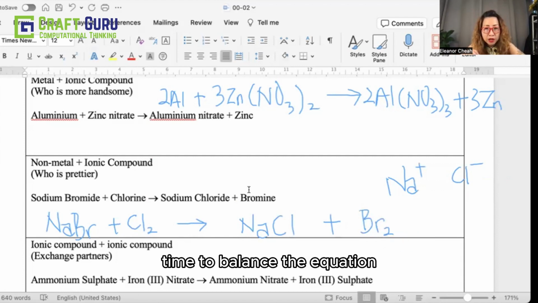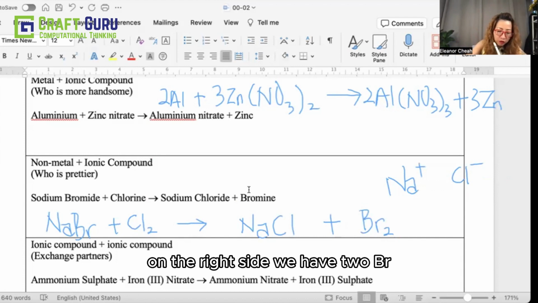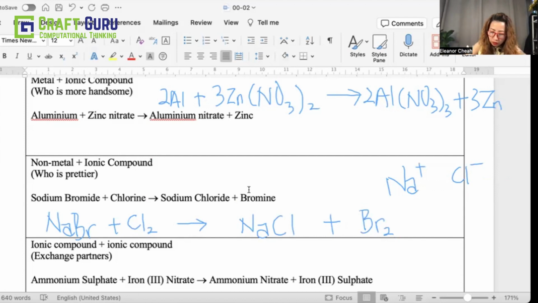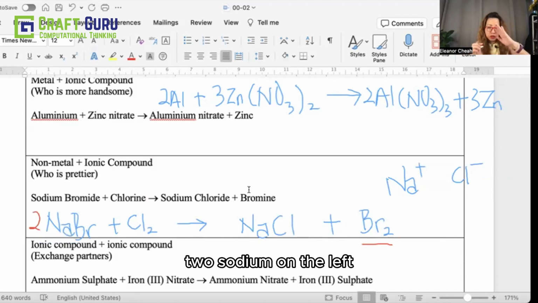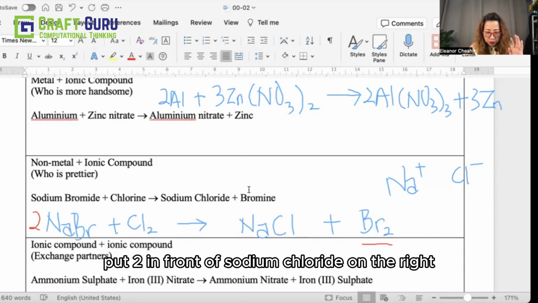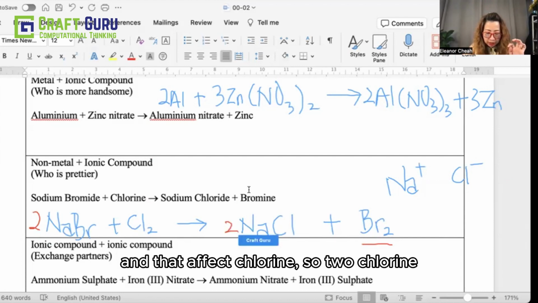Time to balance the equation. On the right side, we have 2Br. Here we put a 2 in front, and it affects sodium. 2 sodium on the left, put 2 in front of sodium chloride on the right, and that affects chlorine. So 2 chlorine.